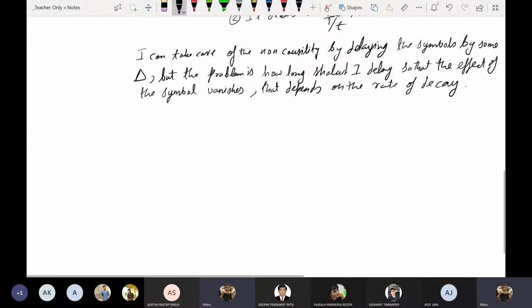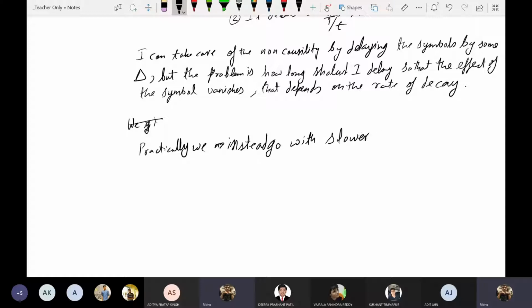So we go with, practically, instead go with slower than Nyquist signaling and call it raised cosine signaling.